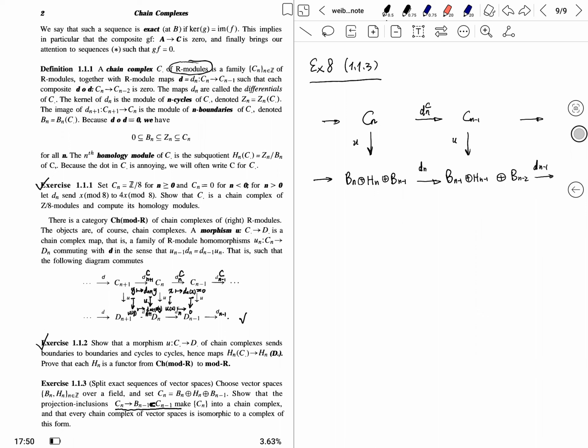By definition, that means you're also able to construct the inverse morphism, such that the two constructed morphisms are inverse to each other, which means the composition is the identity morphism of chain complexes. This is more restrictive than quasi-isomorphism. This actually is the identity on each level.